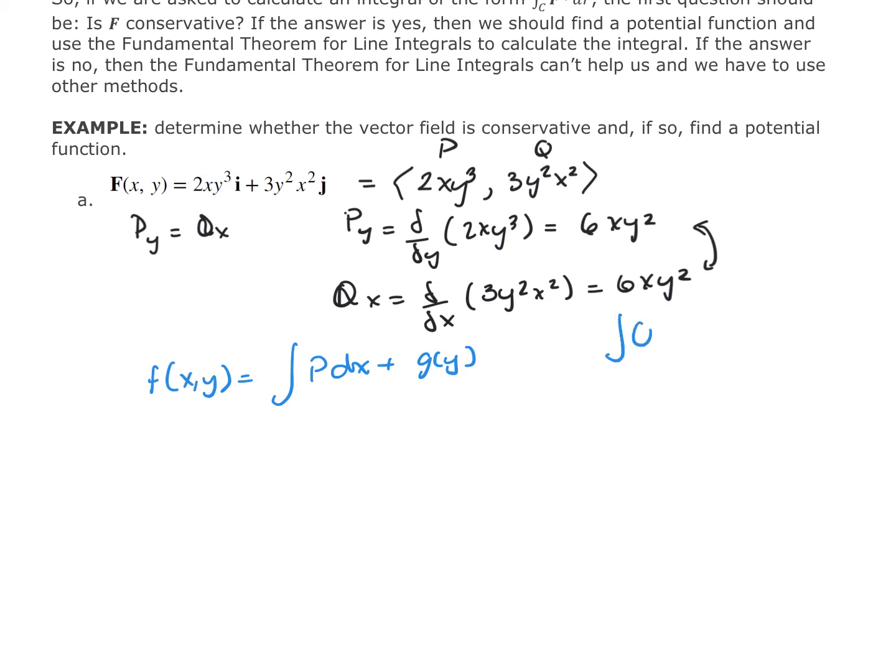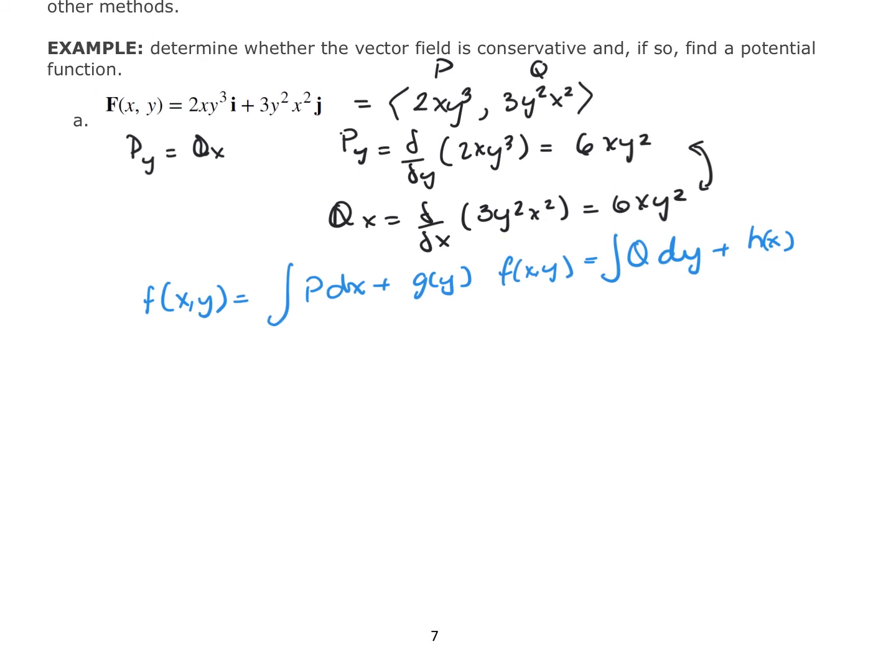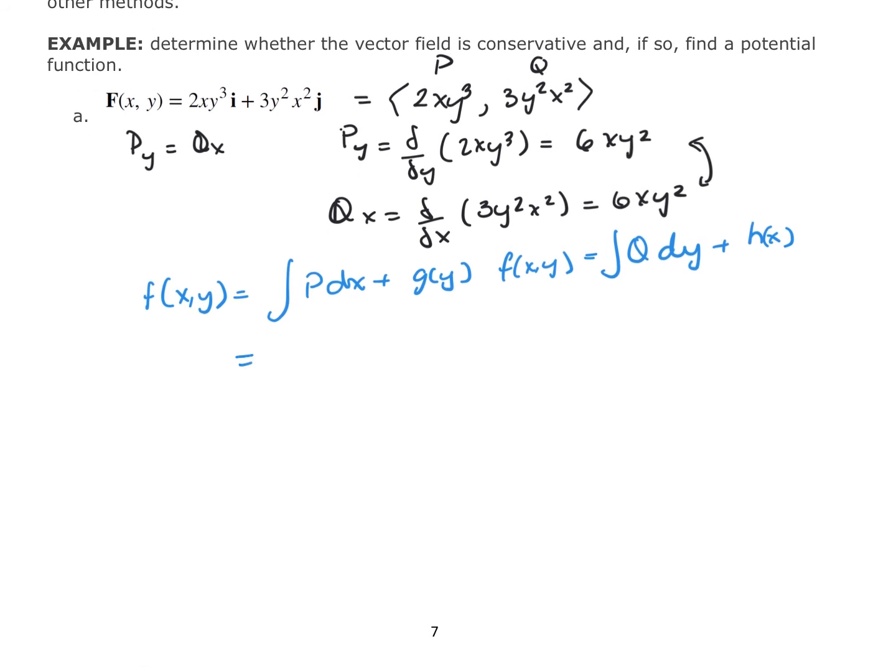Simultaneously, the integral of Q with respect to y plus h of x must also equal f of (x, y). So this is going to be equal to the integral of 2xy cubed dx plus g of y. This is going to give me, when I get done integrating, x squared y cubed plus g of y.